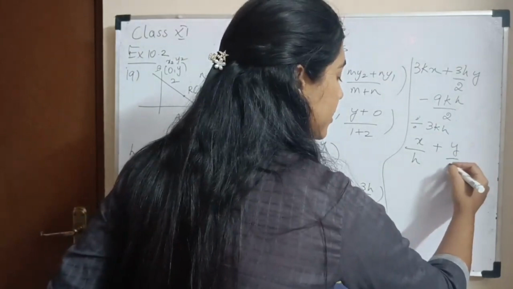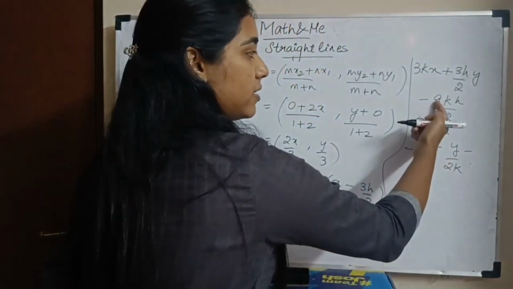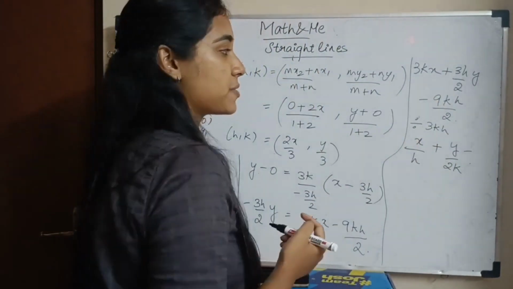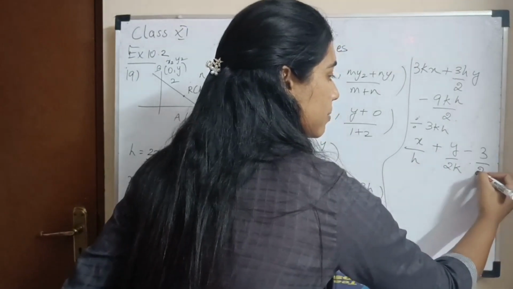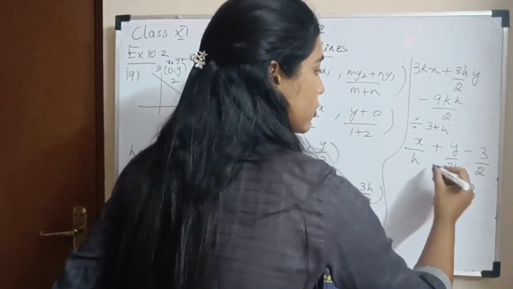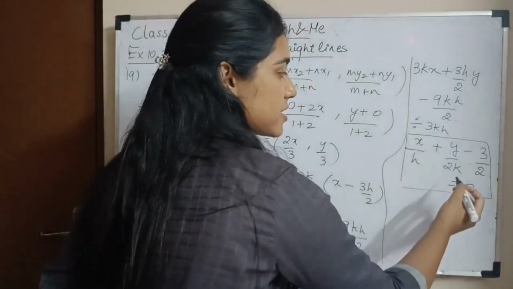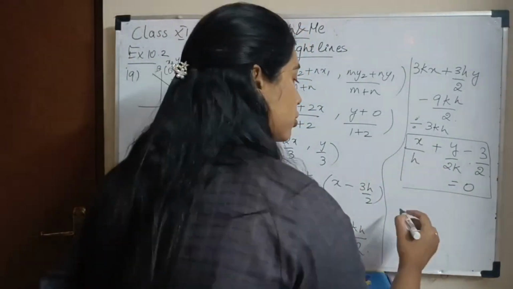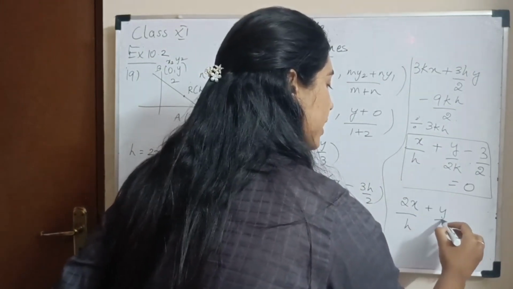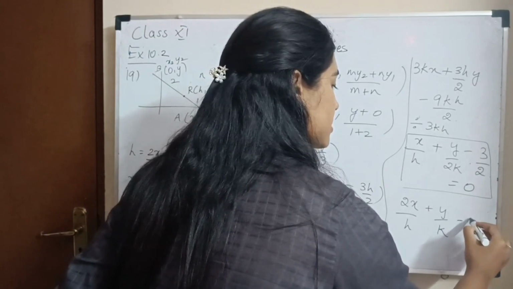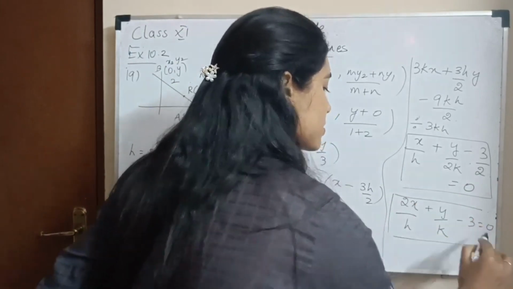So y divided by 2k minus 3, 9. So it becomes 3. k and h get cancelled. So you have 3 divided by 2 equals 0. So this is your equation. You can even further simplify it by multiplying the whole equation by 2. So what do you get? 2x divided by h plus y divided by k minus 3 equals 0. Okay, this is your final equation.